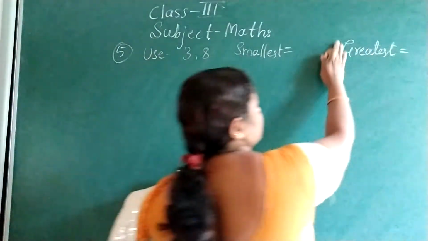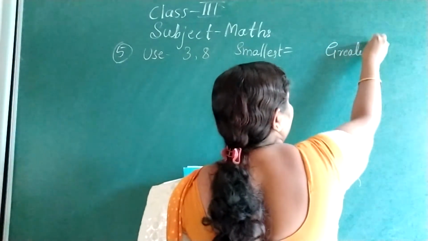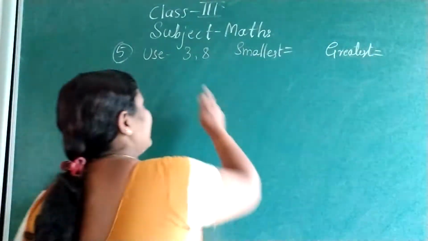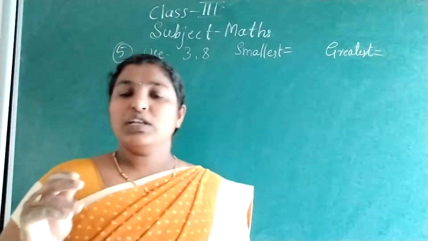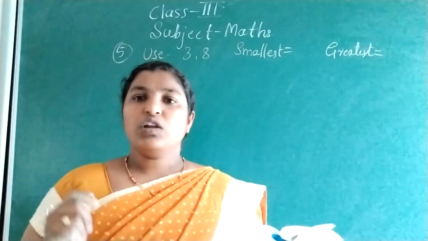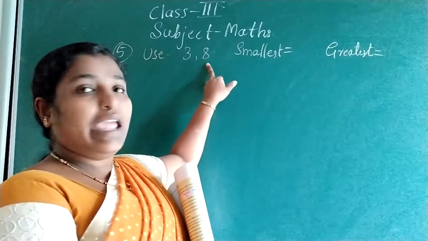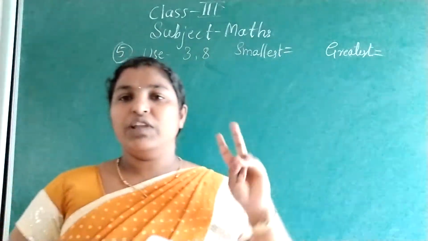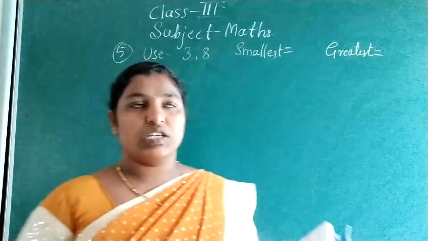How should we do this? They have given only 2 digits and told us to make a 3-digit number. So among these two, 3 and 8, any one number we will use twice so that it will become a 3-digit number.